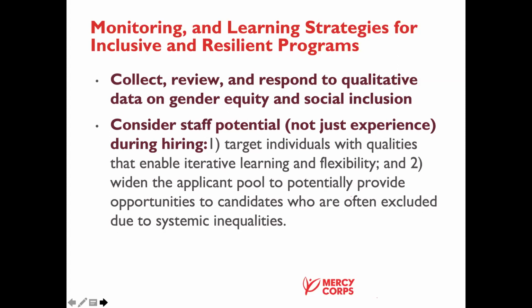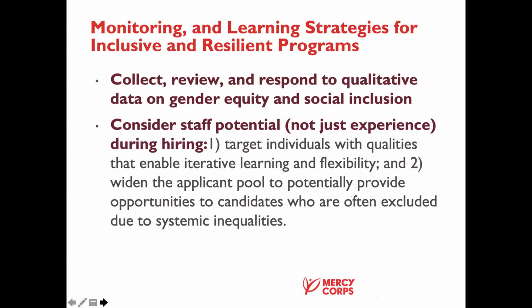So there is importance first in targeting individuals with qualities that enable interactive learning and flexibility, because there's a lot of learning that is happening within such programming, and of course a lot of flexibility is required, because even though this is what had been planned initially, with the changes that we are seeing, there's a lot of flexibility required.